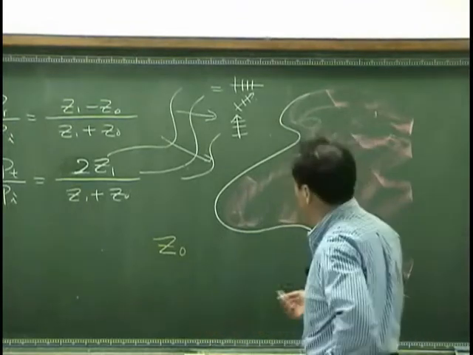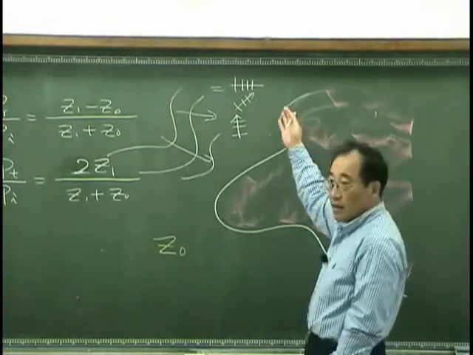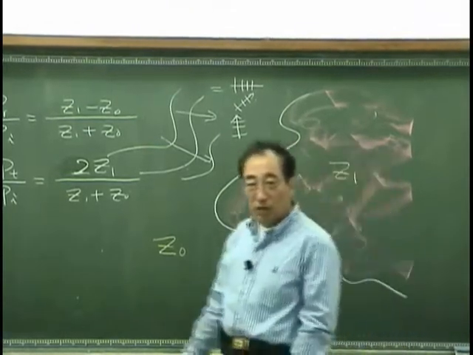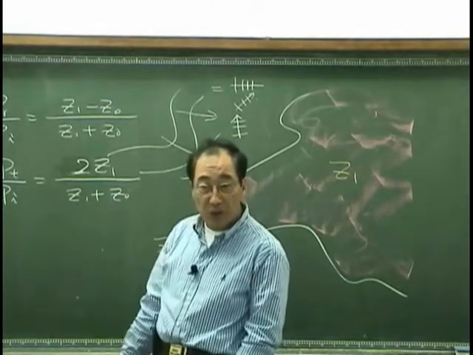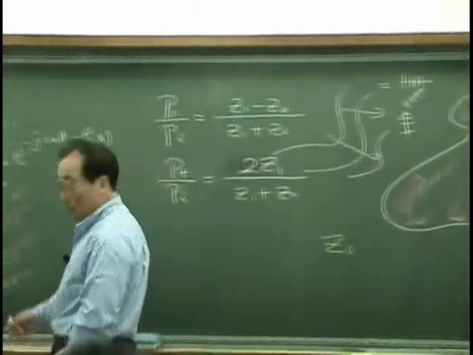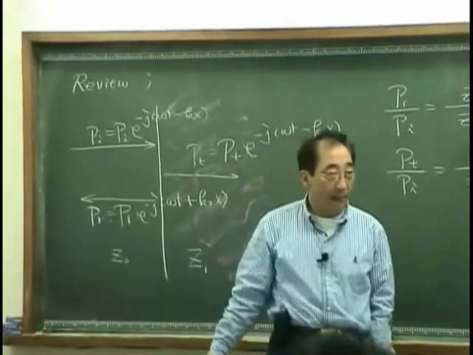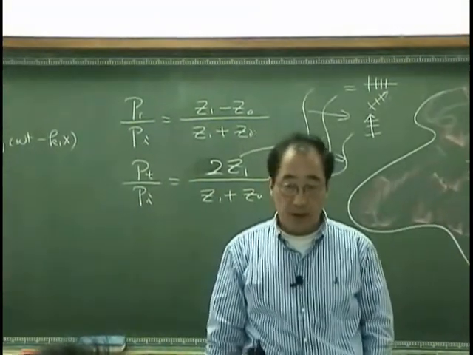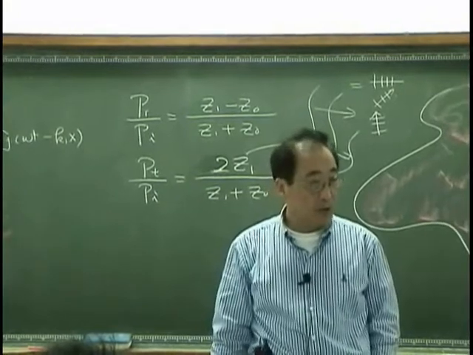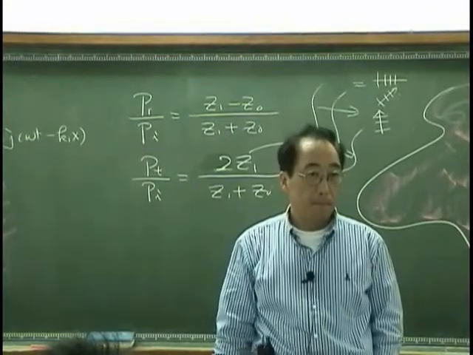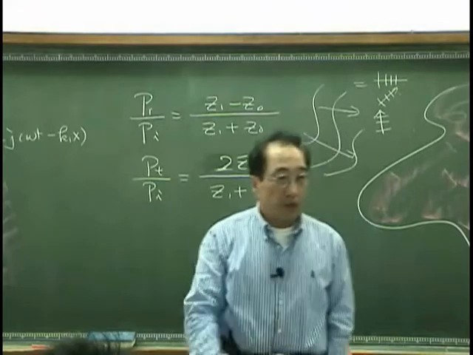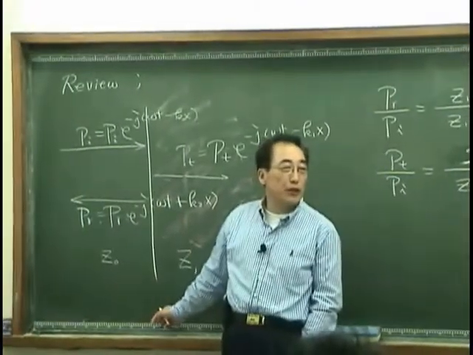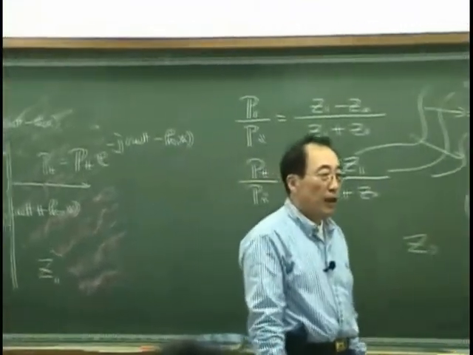Okay, then can we assume this kind of irregular shape discontinuity? Can you assume that as if a straight line? Anybody have an idea? Can you assume it? What I'm saying is, this is too simple. This is too ideal, right?